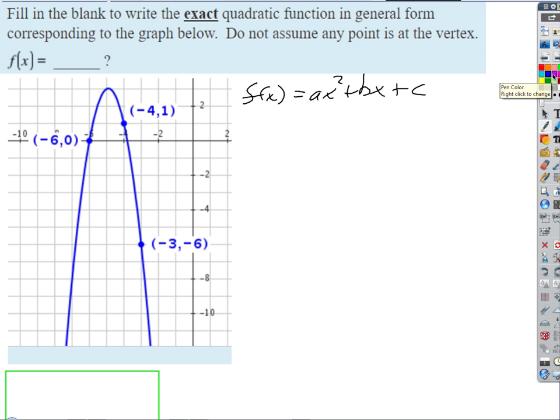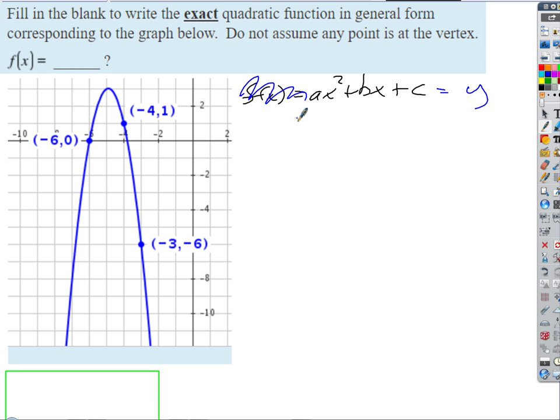Okay, real quick. If I know that this is the equation for the general form for a parabola, quadratic function, right? Each of these are solutions, correct? So for example, this tells me that when x equals -6, y equals 0, right? So look what I could do then. I could take this point and I could say, okay, well then I'm going to turn this around and put the y on that side instead.